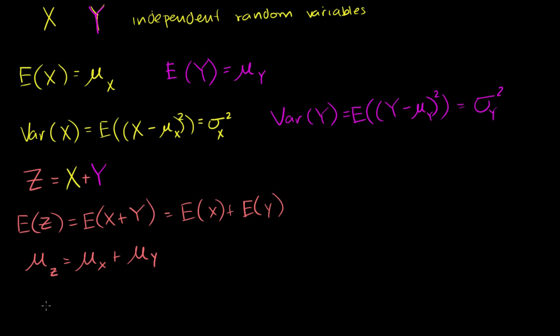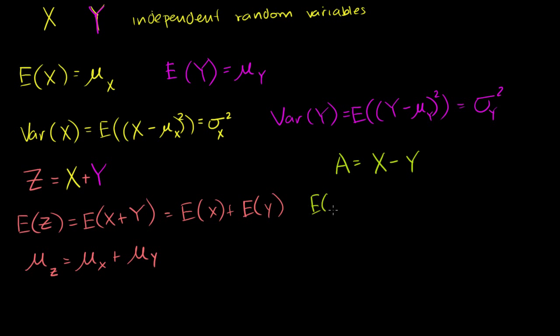Or another way to view it is if I wanted to take, let's say I have some other random variable. I'm running out of letters here. Let's say I have the random variable a, and I define random variable a to be x minus y. So what's its expected value going to be?